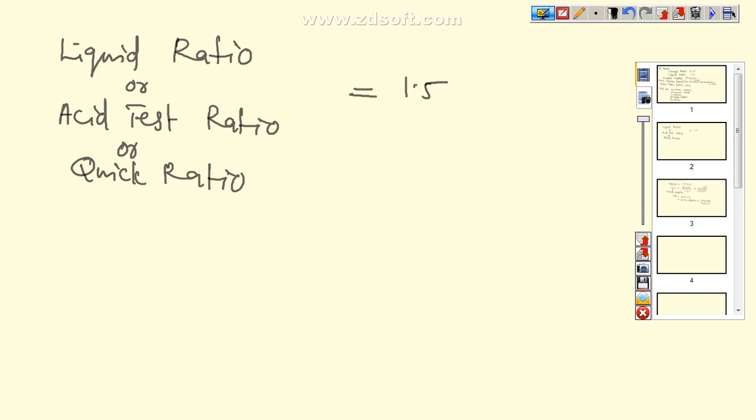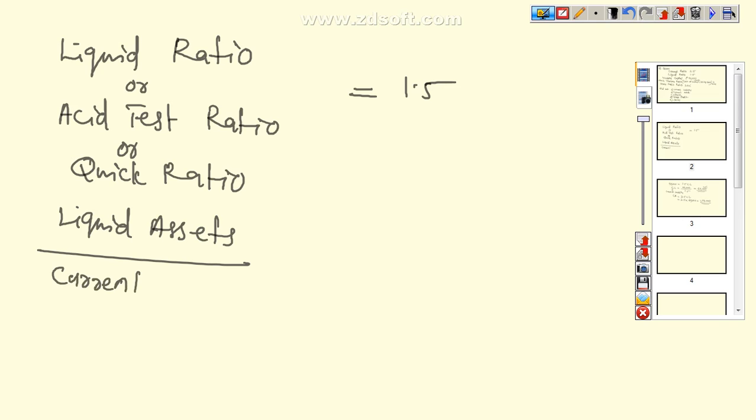So what is the formula for liquid ratio? Liquid assets upon current liability, that is equal to 1.5.